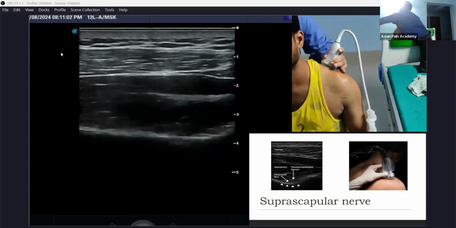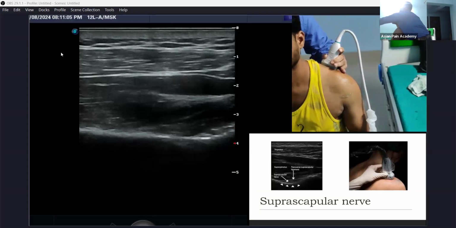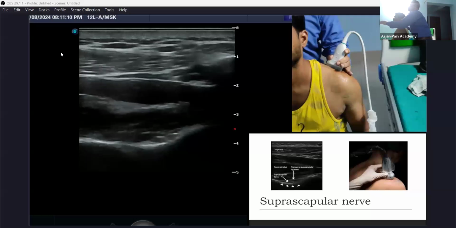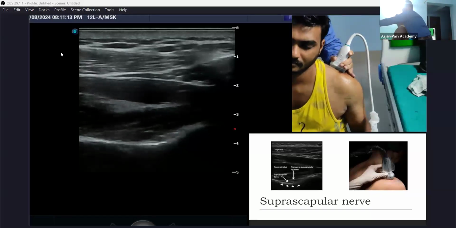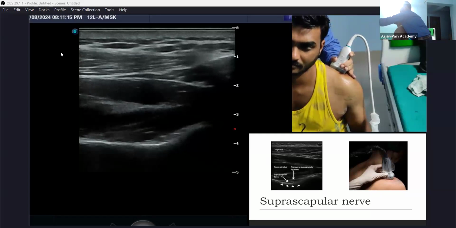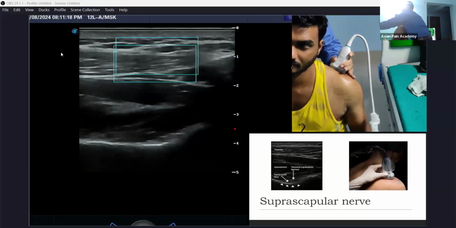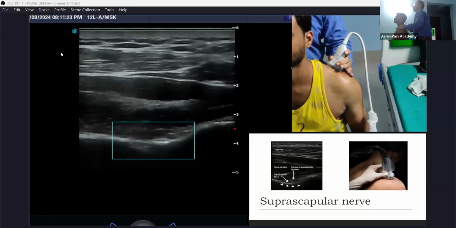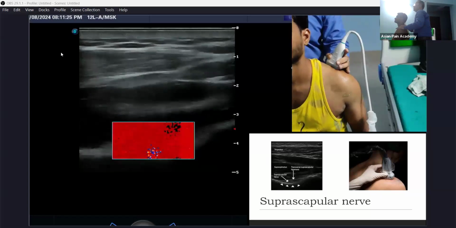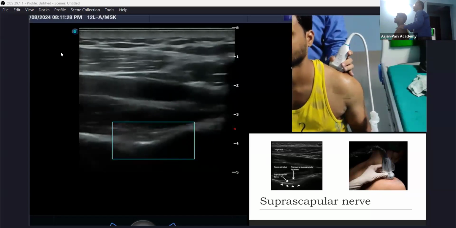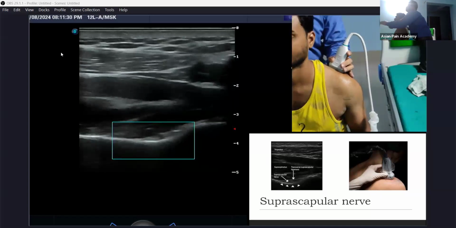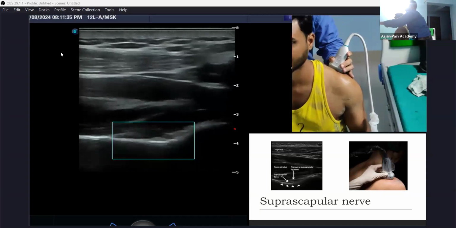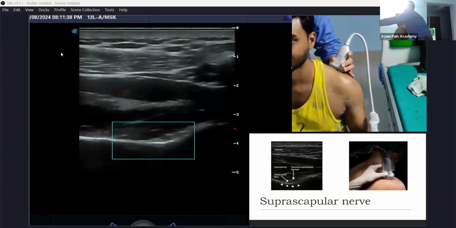It is hardly visible, but this artery we can see, and we can check whether it takes color or not. So this is the artery, and this is the supraspinatus fossa for the suprascapular nerve.